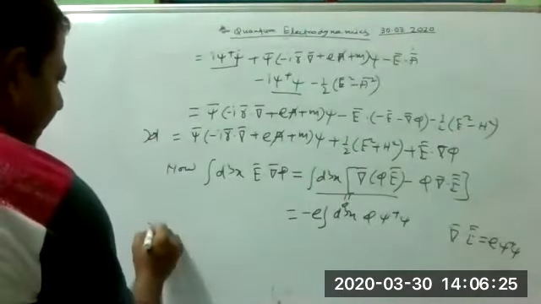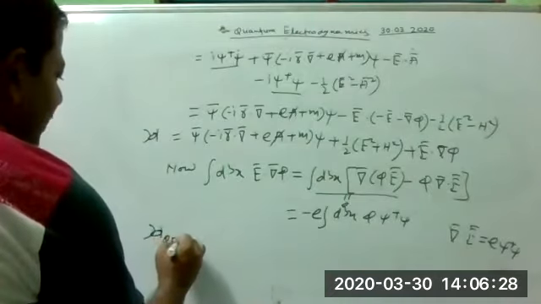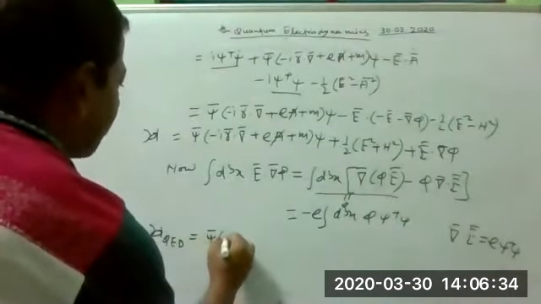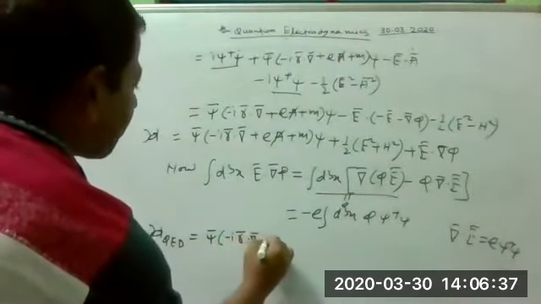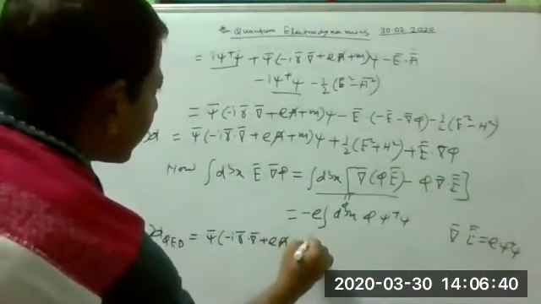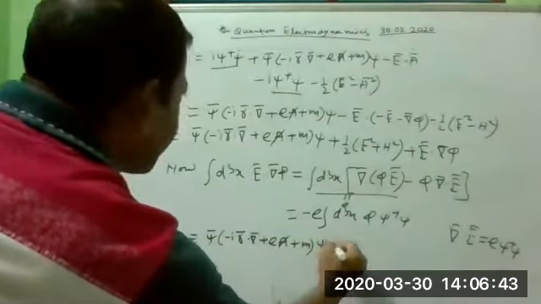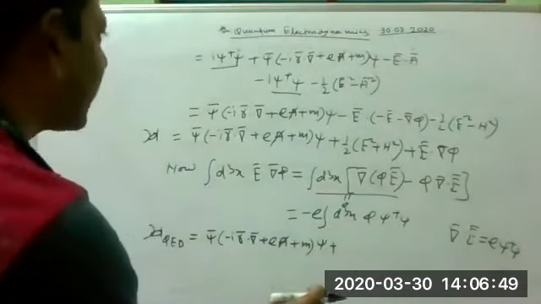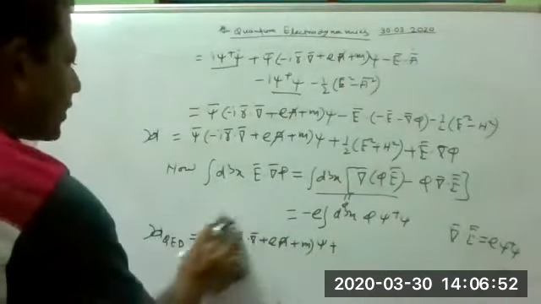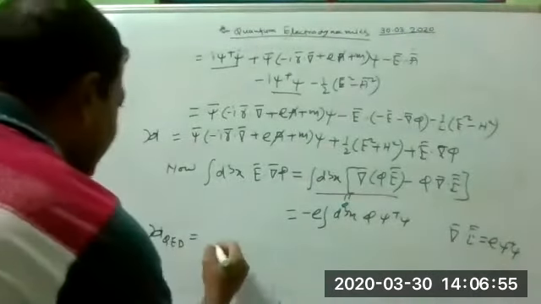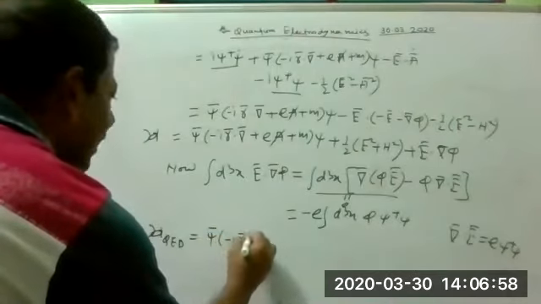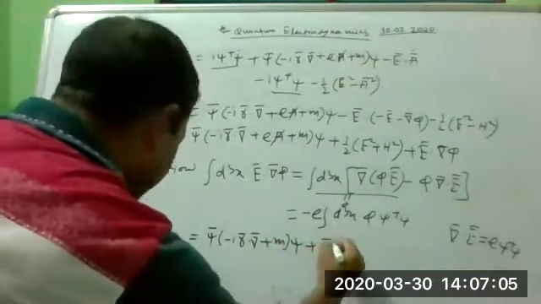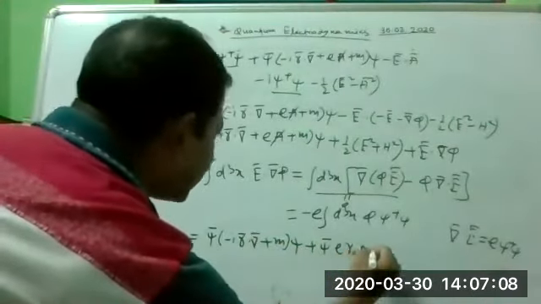So therefore the above equation can be written as H_QED equal to psi bar of minus i gamma dot nabla plus m of psi plus psi bar e gamma 0 A0 of psi.